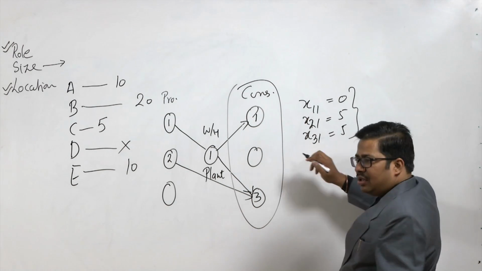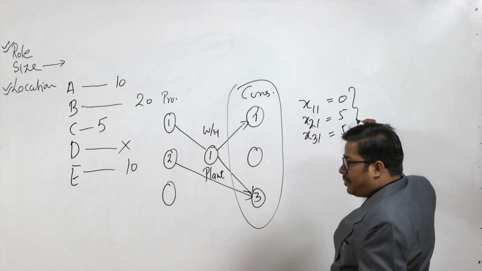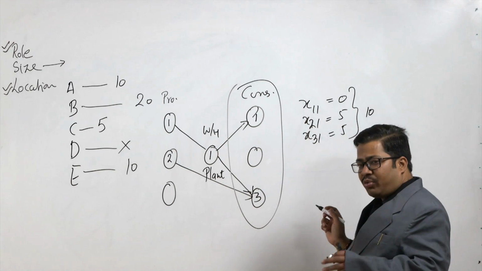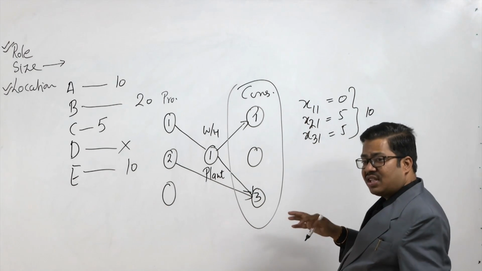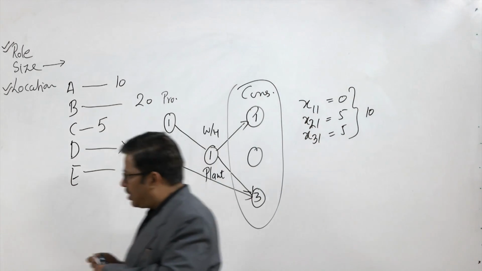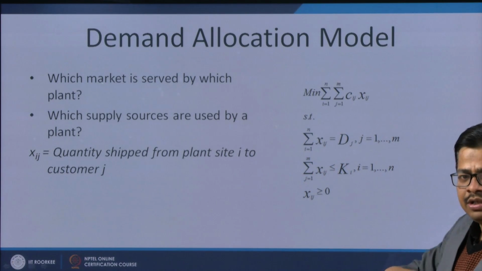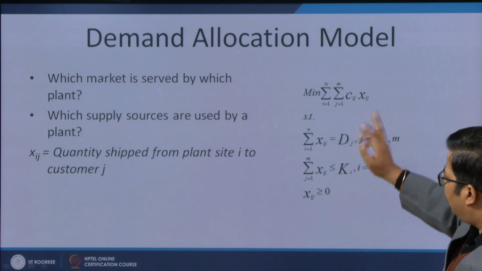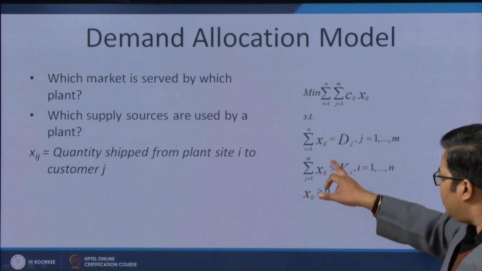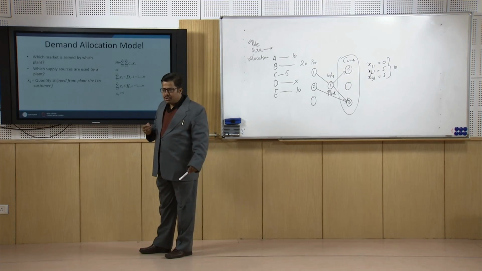So this makes the demand of my destination number 1, which is 10. So it is quite possible that some of the sources may not supply to some of the destinations, but for the sake of modeling we write in such a fashion that all ith sources will supply to a particular destination and the demand of the destination is completely met.